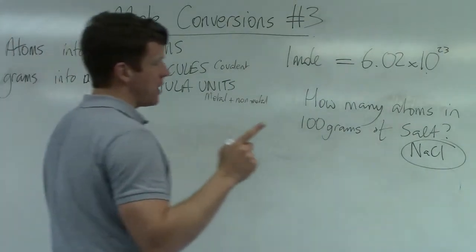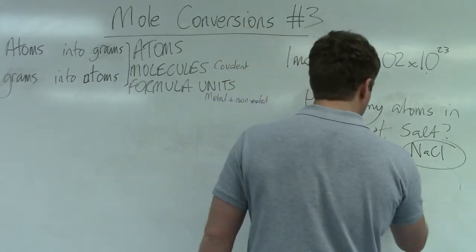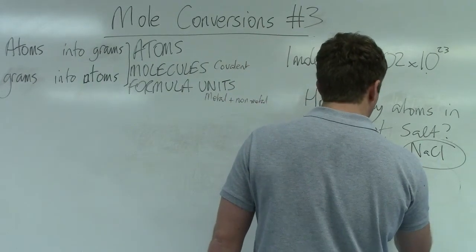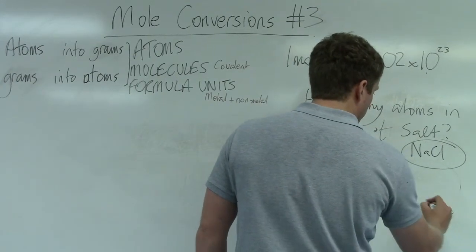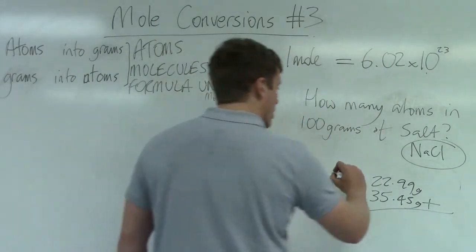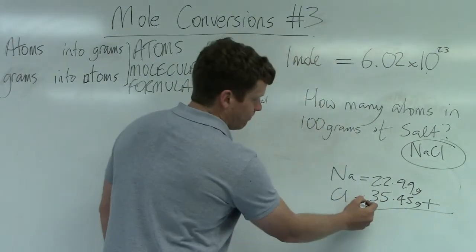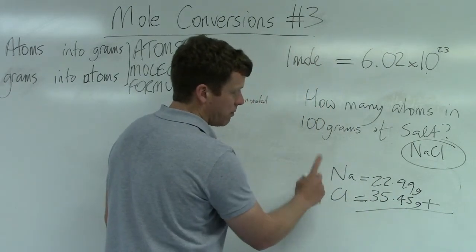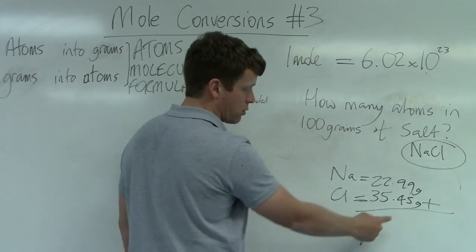Okay, so the first step here is to calculate the mass of 1 mole of this. So sodium is 22.99. Chlorine is that many grams. So these numbers came straight from the periodic table. That's an equal sign. So 1 mole of sodium atoms would weigh that. 1 mole of chlorine atoms would weigh that.